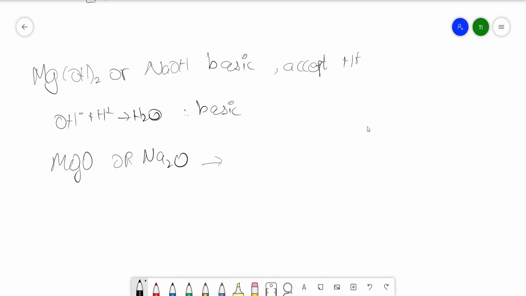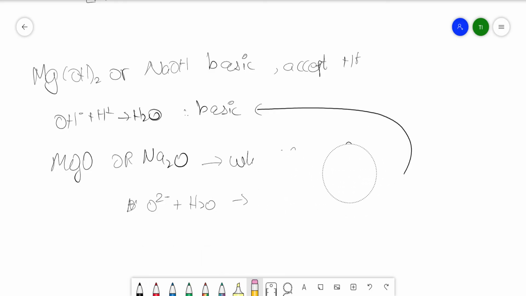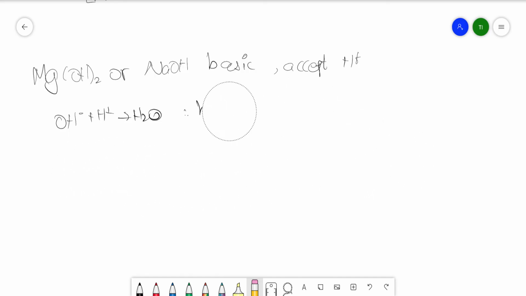The reason why these form basic solutions when dissolved in water is because when O2- reacts with H2O, like when dissolved in aqueous water, it forms 2OH-. And you come back to this, that OH- can accept an H+, and therefore it becomes basic. That is the reason why MgO and Na2O, or oxides of metals, are typically basic.